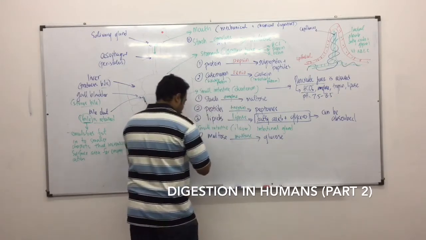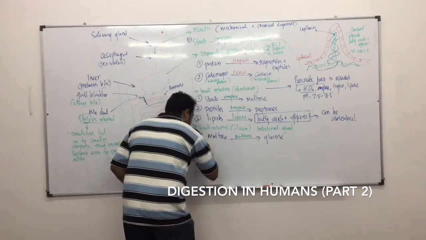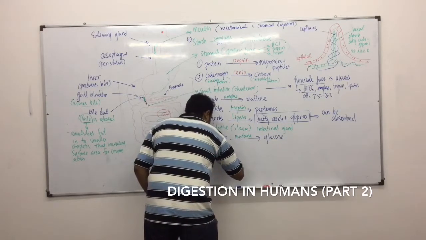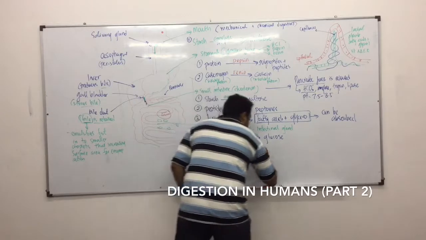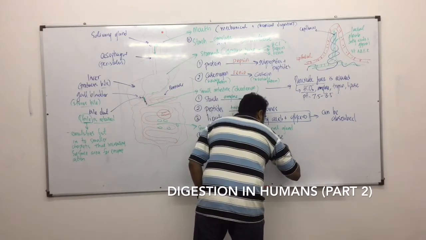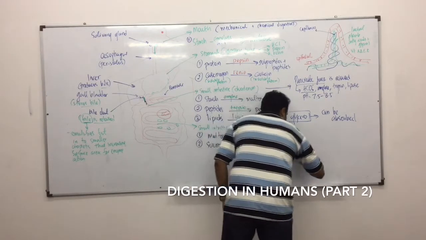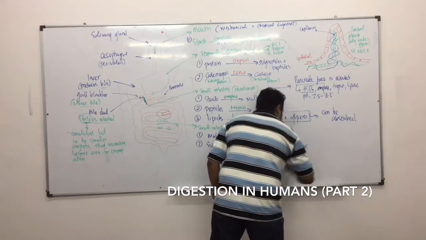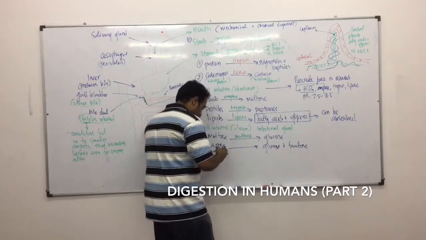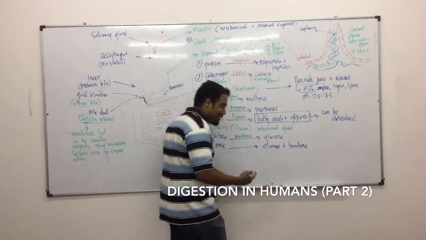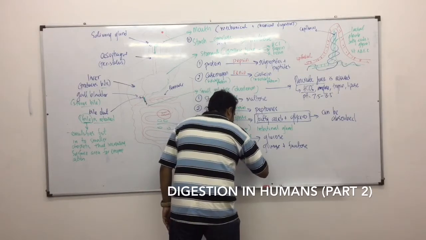So next, can you name another disaccharide? Sucrose. Very good. So what makes up sucrose? Glucose and fructose. Yeah, very good. And the enzyme name is? Sucrase.